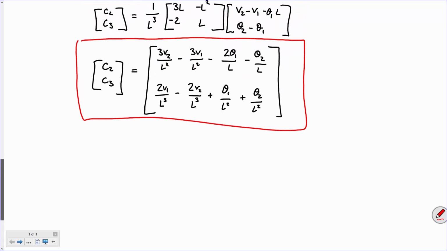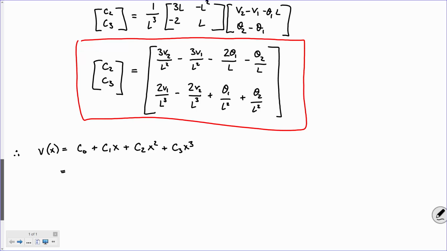Now, therefore, let's go back to the very beginning of what we were trying to do. V of x equals C naught plus C1 times x plus C2 times x squared plus C3 times x cubed. Right? Okay, now, C naught was what?